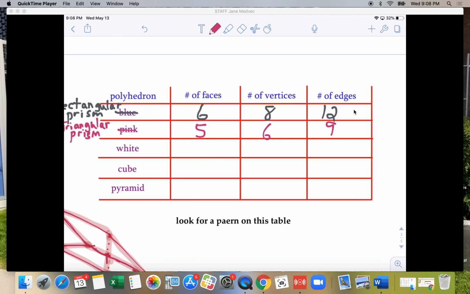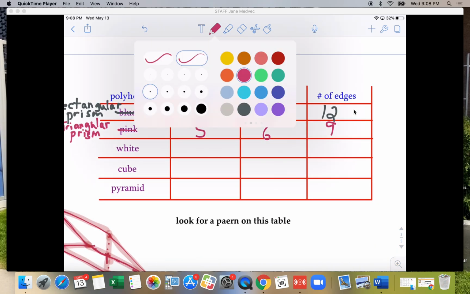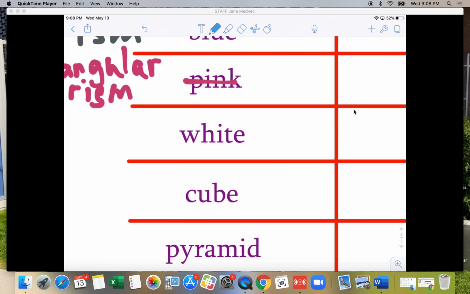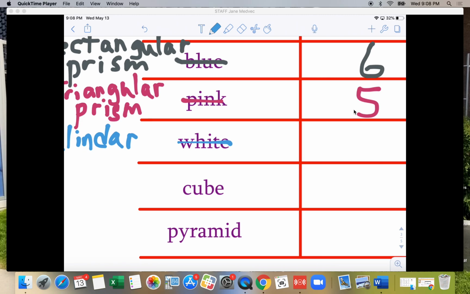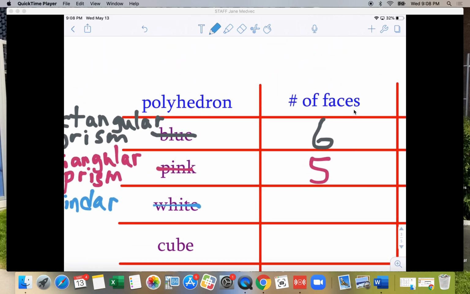Okay, now what we're going to do is take a look at the white shape. The white shape is a cylinder, like a can of soup, something like that. So if I take a look at that, how many faces?